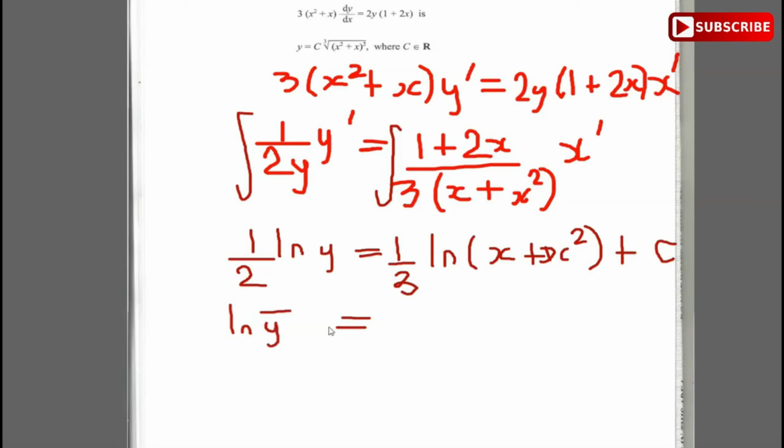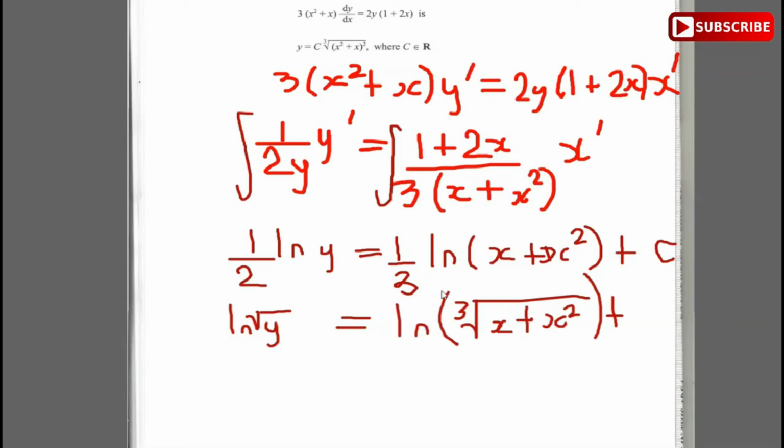So ln the square root of y is equal to, I'm going to bring up the 1/3 power and write this as ln the cube root of x plus x squared, plus, now this c right here, I need to get this in terms of a ln so I can just add them.